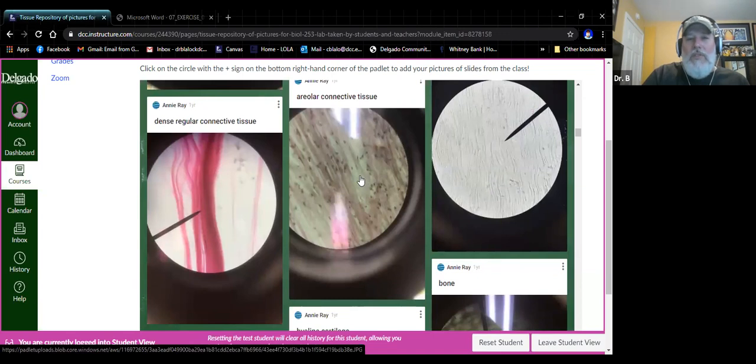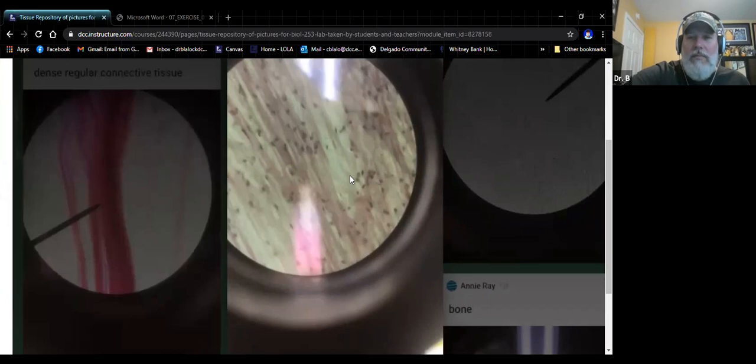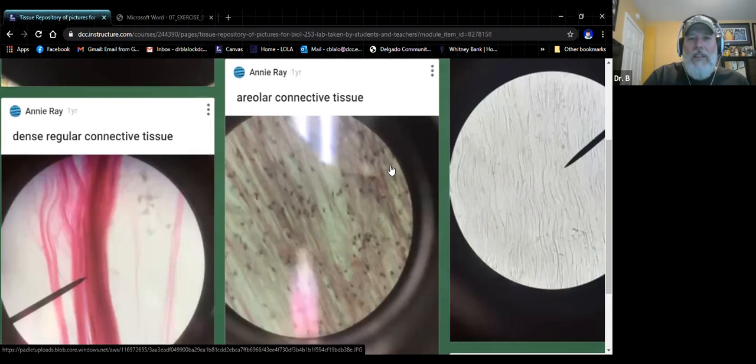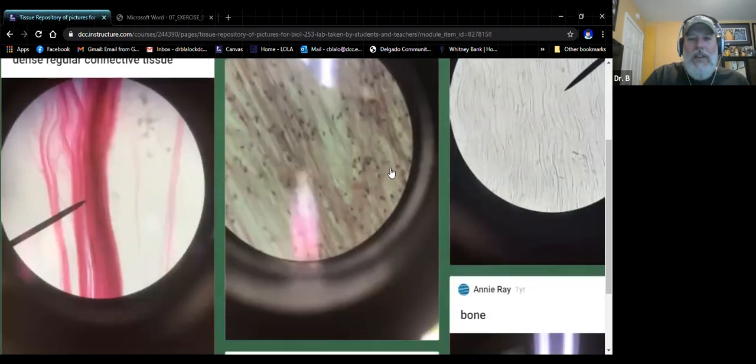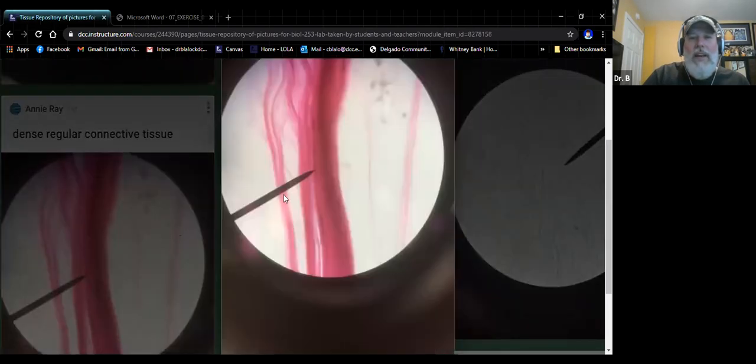Areolar connective tissue, that we looked at first. Let's zoom in on this a little bit. You can see all of the fibroblasts. This is a little bit cloudy, so it's hard to tell the difference between the fibroblasts and the other cell types like macrophages. Dense regular connective tissue, all the fibers running in the same direction right here.